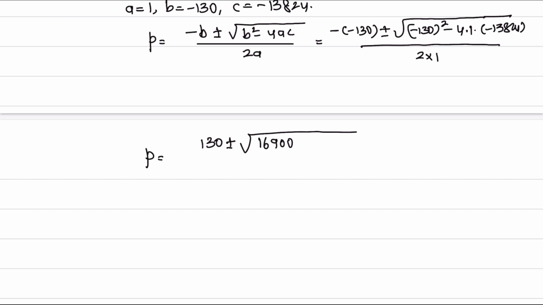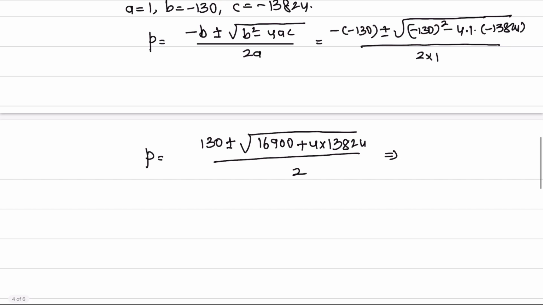That will be plus 4 into 13824, since it becomes positive, whole divided by 2 into 1 is equal to 2.